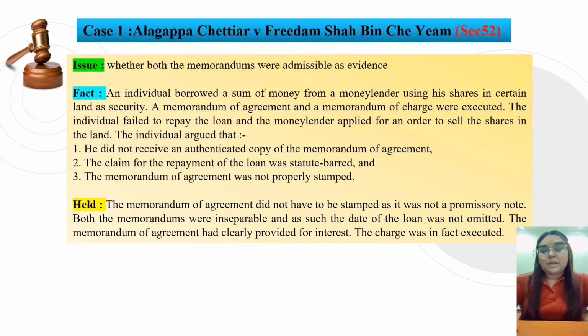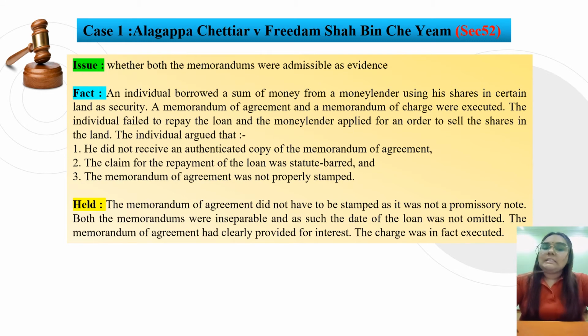The first one, he argued that he did not receive an authentic copy of the memorandum of agreement. The second, he claimed that the claim for repayment of the loan was statute barred, and the third, he stated that the memorandum of agreement was not properly stamped.